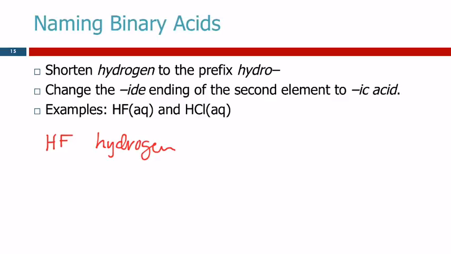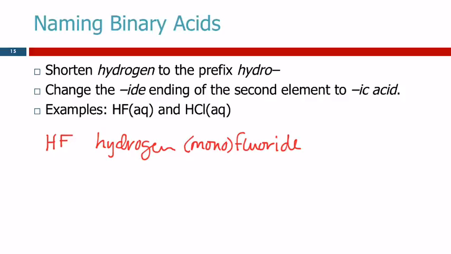Because there's no other compound between hydrogen and fluorine. With carbon and oxygen, there's CO and CO2. And so we need carbon monoxide to distinguish it from carbon dioxide. But with hydrogen and fluorine, there isn't. And so that's why we drop the mono. I'll write it in there, though. I would not count it wrong if you wrote monofluoride, but hydrogen fluoride.